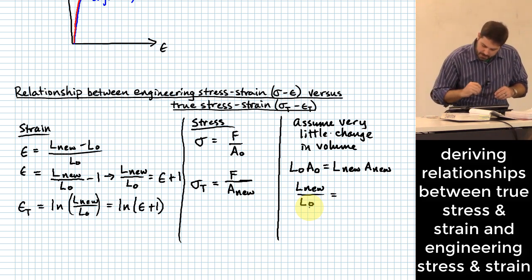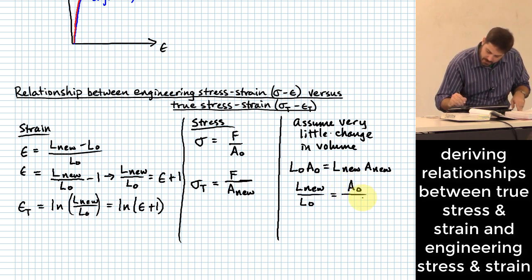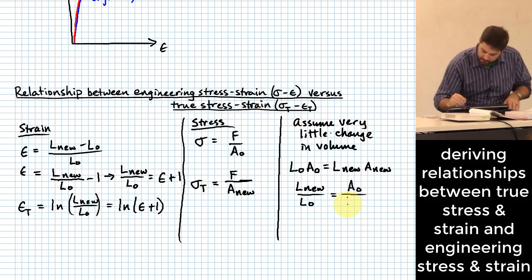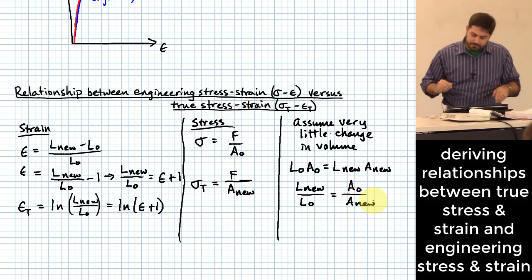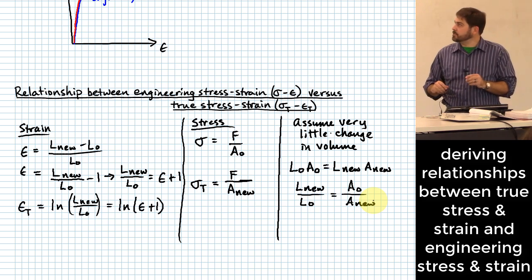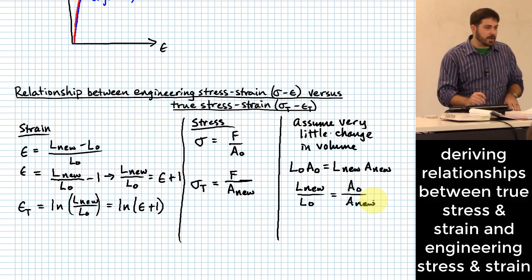What will this be? It'll actually be inverted from each other, A0 over A new. That's kind of interesting. That might be useful over in my true strain equation.